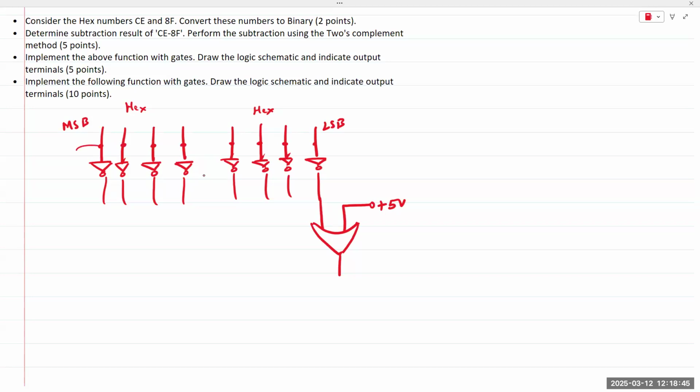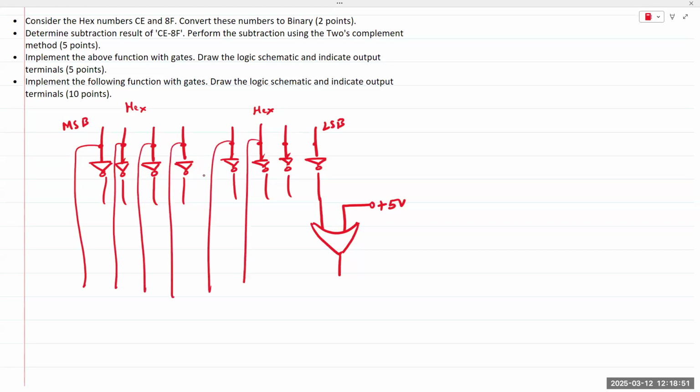All we do is pull wires down. And then we add the outputs to an OR gate.